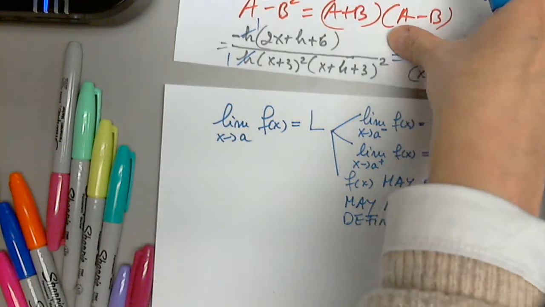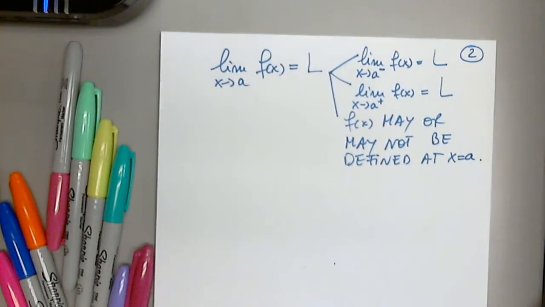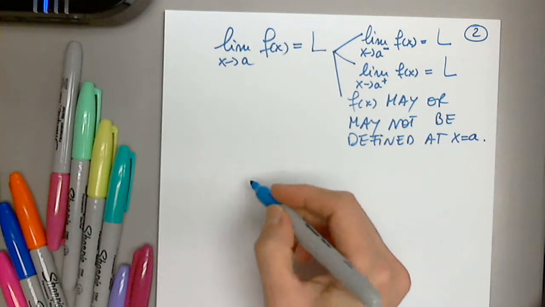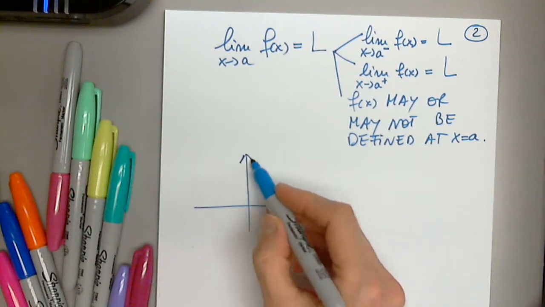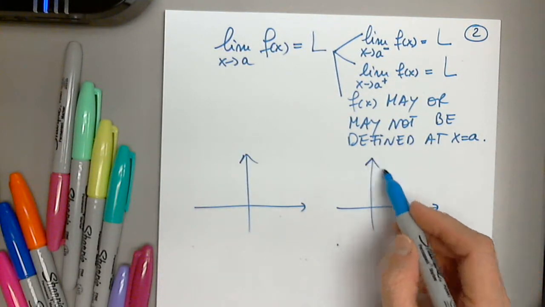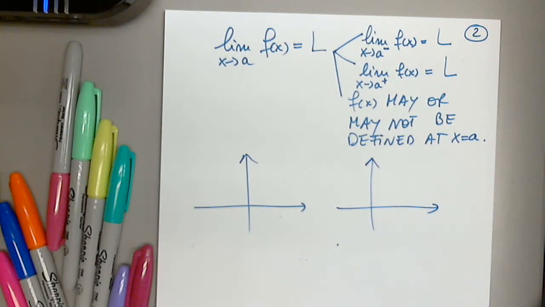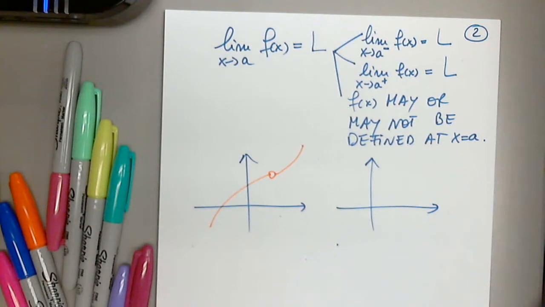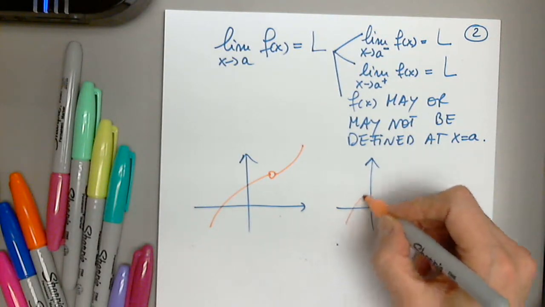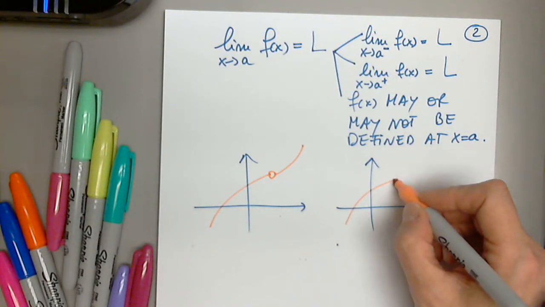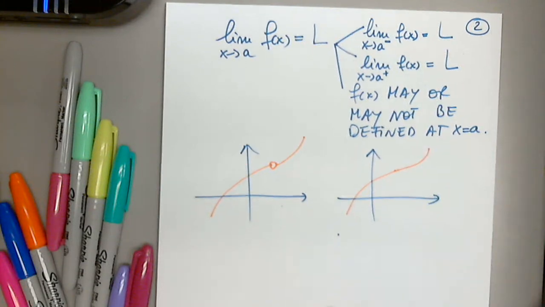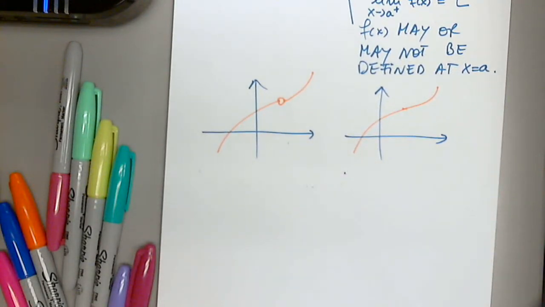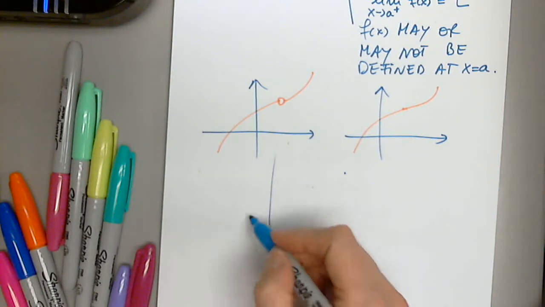What does this mean? Let me give you two situations. Here's a graph and here's another. Very similar graphs. This one looks like this, and this one looks like this. I want 3. And here's the third one.